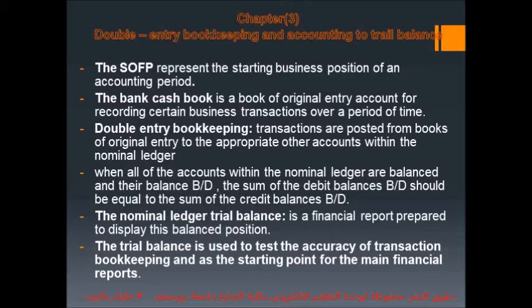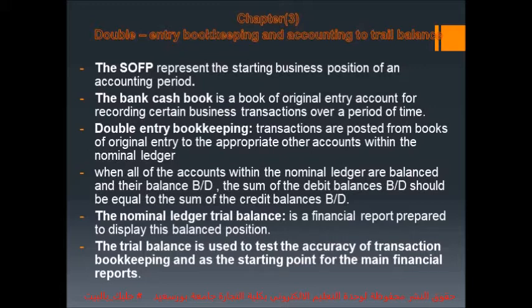Double entry bookkeeping. Transactions are posted from books of original entry to the appropriate other accounts within the nominal ledger. When all of the accounts within the nominal ledger are balanced and their balance brought down, the sum of the debit balances brought down should be equal to the sum of the credit balances brought down.